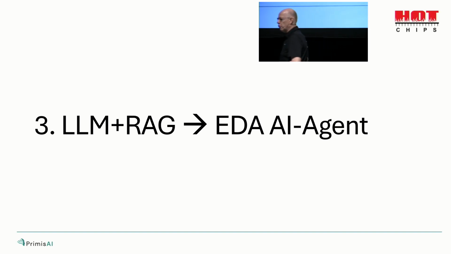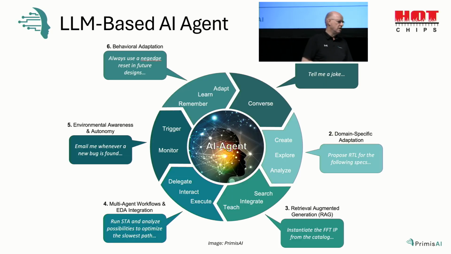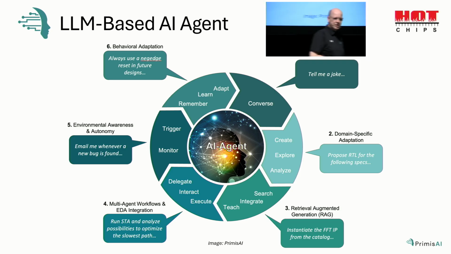So the last part of my talk is about what we can do to build around and build on this LLM and RAG. And this is also a little bit of an introduction to the section after the coffee break, where Hongchan and Mark will talk more about this. So here's how we look at the world as PrimisAI.